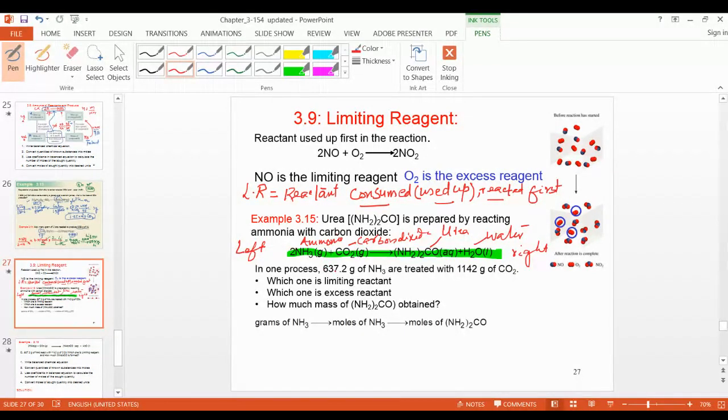First of all, I will take the mass of ammonia and use the same method we used in 3.8. Mass of A changes to moles of A, then the ratio between reactant and product from the chemical equation is a very important point to get the moles of the product.